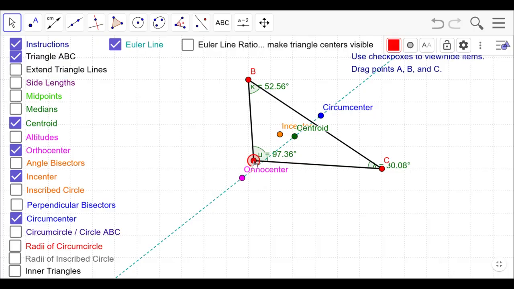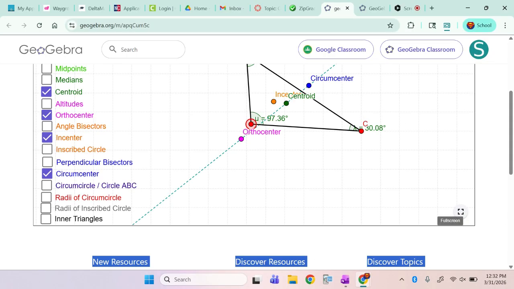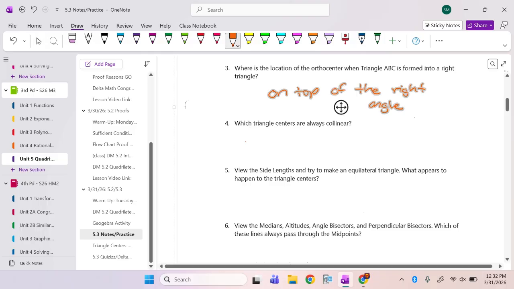So, which three centers are collinear? I mean, they stay on that Euler line. The orthocenter, the centroid, and the circumcenter.